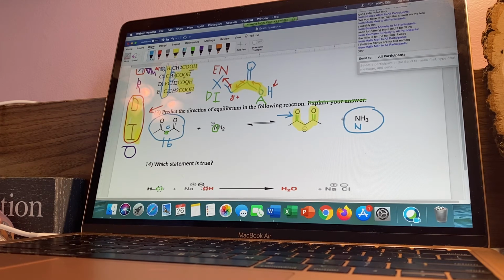Remember, since you can have this resonance right here that I'm highlighting, it'll be easier for that hydrogen to leave, because resonance is going to make something more stable, and more stable bases. Yes, Yassine.